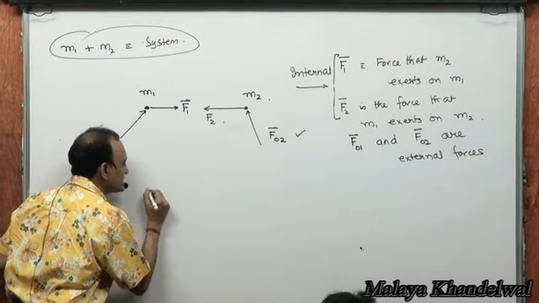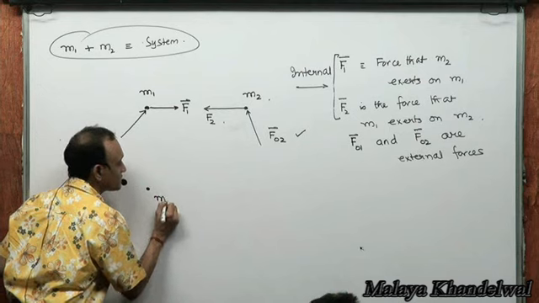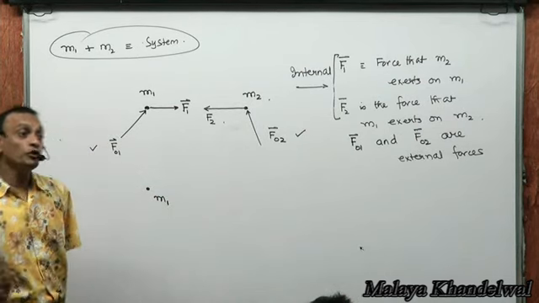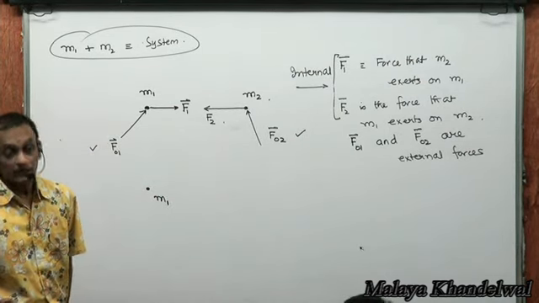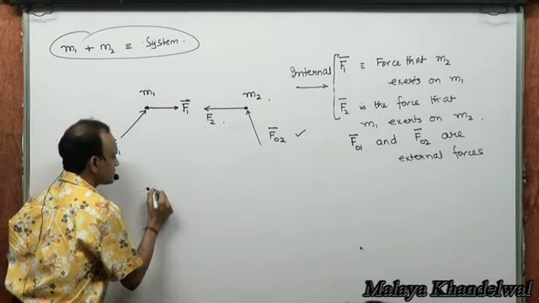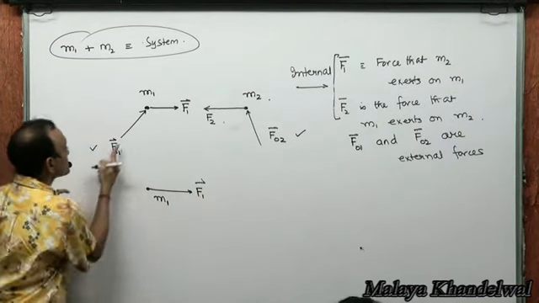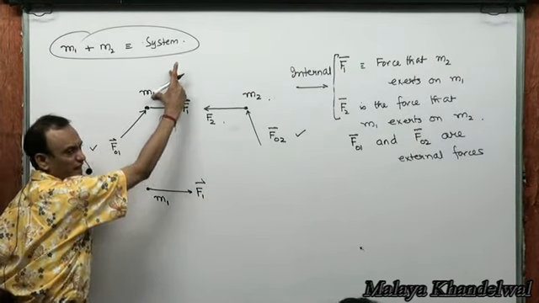So if I look at M1 separately, this is my M1 and I am examining M1 separately. What are the forces acting on M1? There is a F1 like this, and there is F01. I can shift it here.